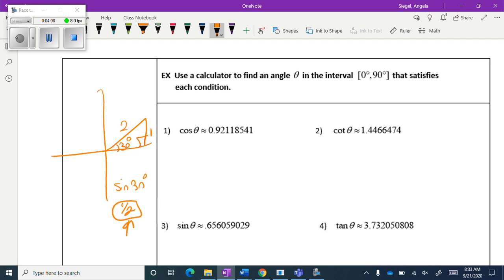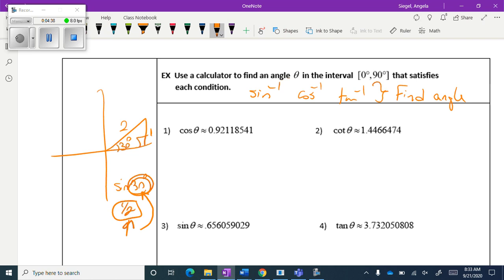Now we're given this, and we're going to have to find this. In order to do that, you are going to use the sine inverse, cosine inverse, and tangent inverse buttons. Find those on your calculator. They should be right around the sine, cosine, and tangent buttons. These all find your angle measurement, or theta.